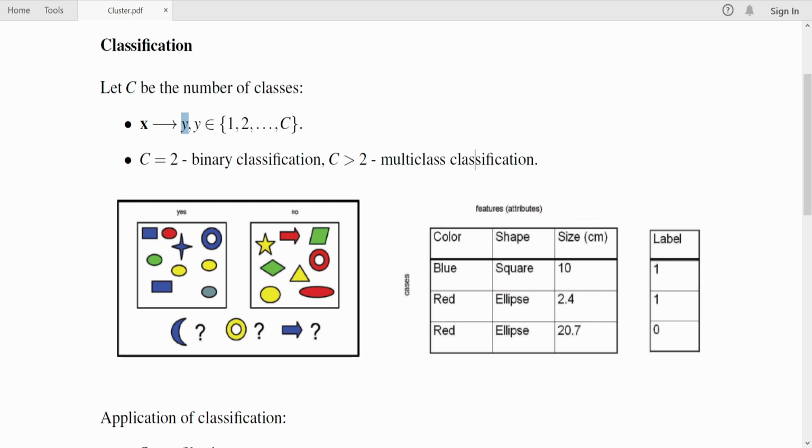Depending on the number of classes, we can have either binary classification or multi-class classification. There is also something called multi-label classification, where the class labels are not mutually exclusive. For example, you can classify a person as tall and strong.